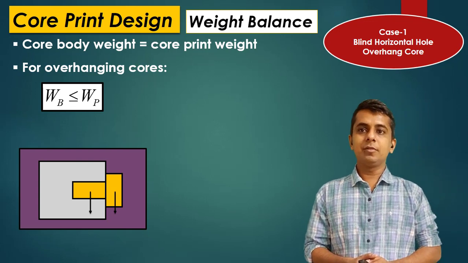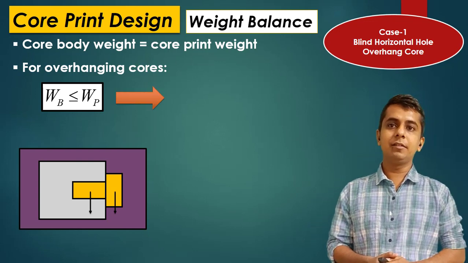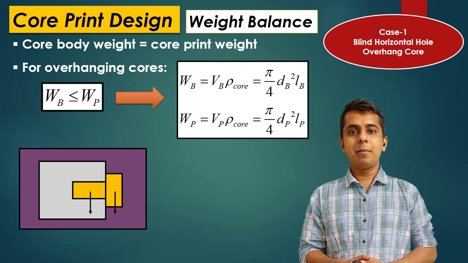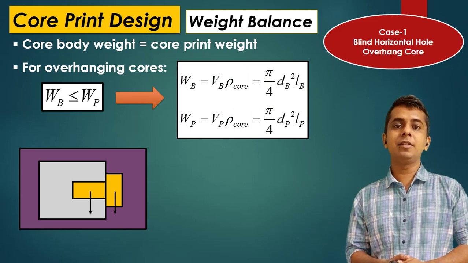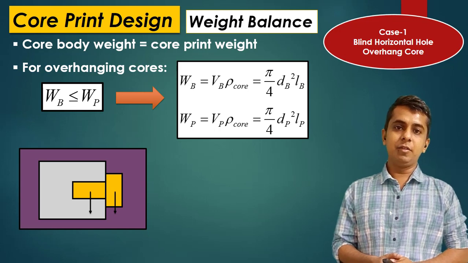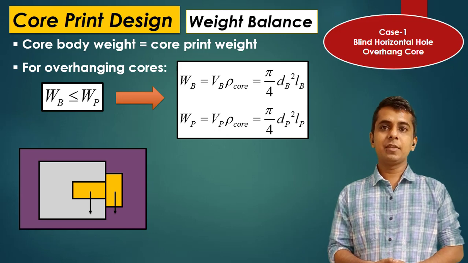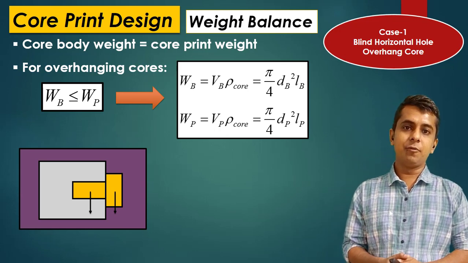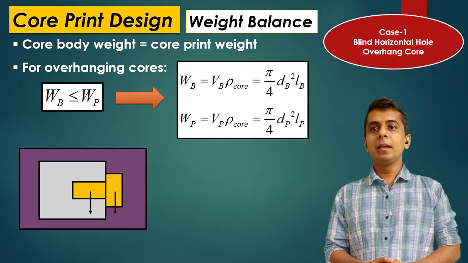The core and core print are cylindrical in shape, so by multiplying the volume with the density of the sand used to create the core and core print, you can get the weight of the body as well as the weight of the print.